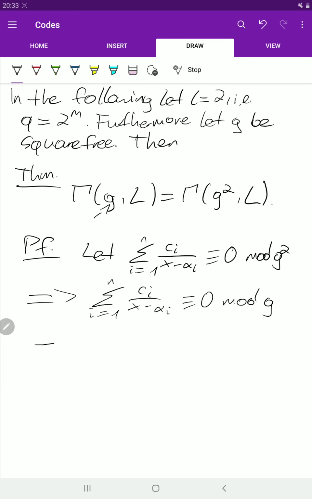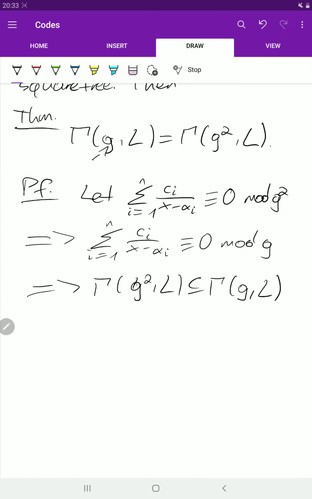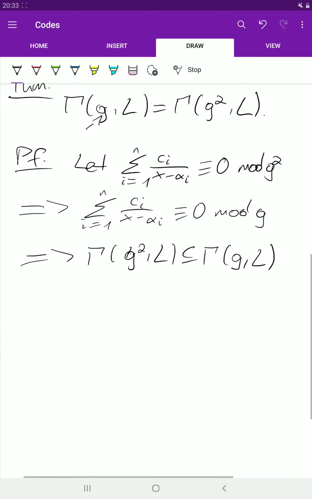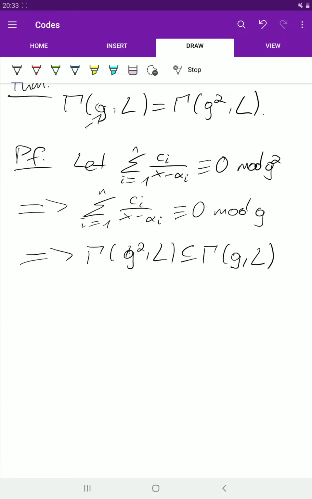And this gives us this inclusion, so that the Goppa code with Goppa polynomial g squared is a subset of the Goppa code with Goppa polynomial g. Okay, that's the first part. Now we need the other direction. So let's see what we can do here.